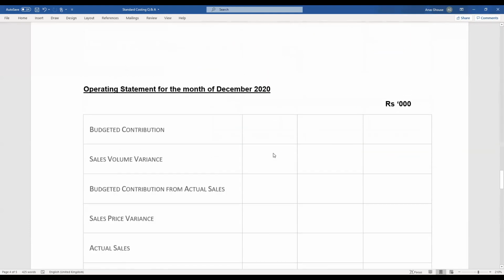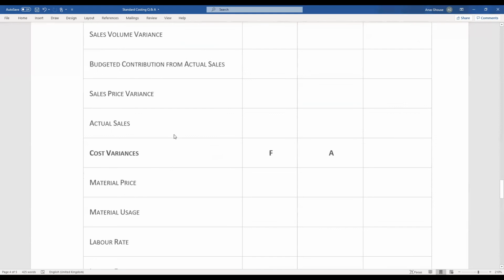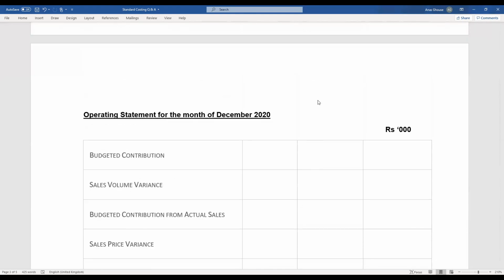Okay, now we'll move on to the operating statement. So our budgeted contribution will be how much? We were planning to produce 1,020 and our budgeted contribution was 30,000. Okay, so we'll take it in millions here.